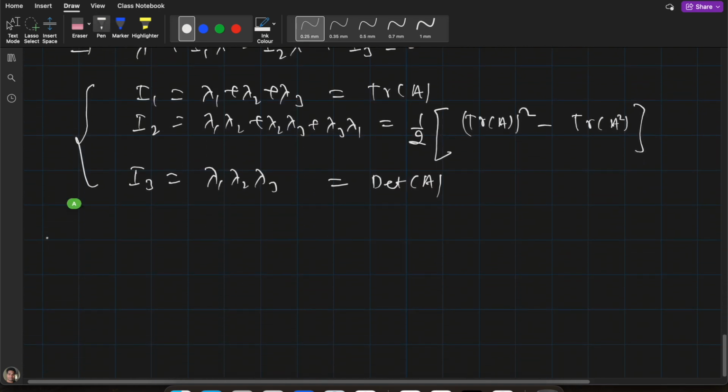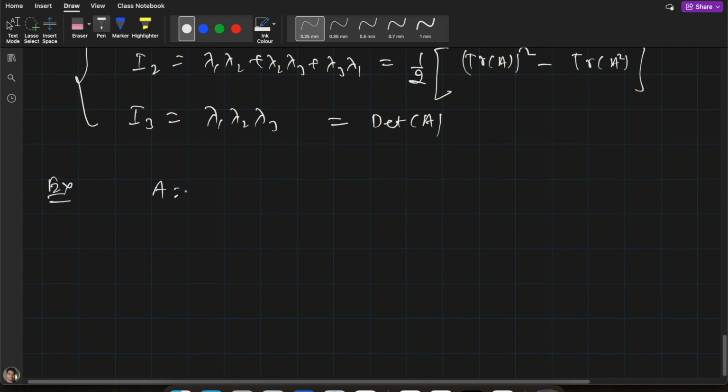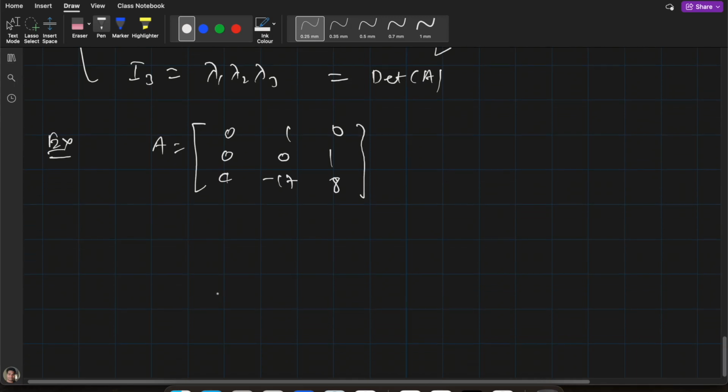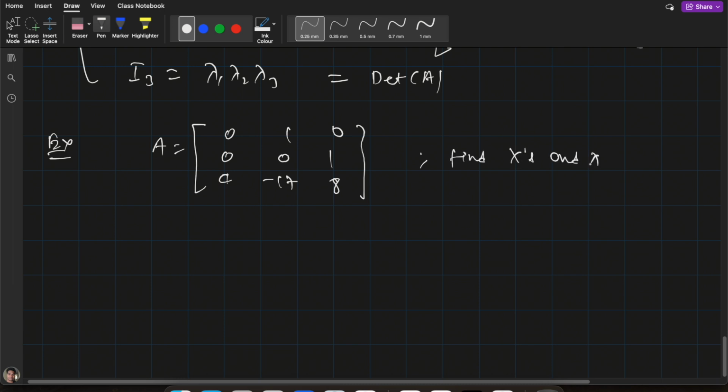Okay, let's take an example. Suppose I have a matrix 0, 1, 0, 0, 0, 1, 4, minus 17, 8. Now I have to find x and lambdas. So what is the characteristic equation? That is determinant of A minus lambda I equal to 0.